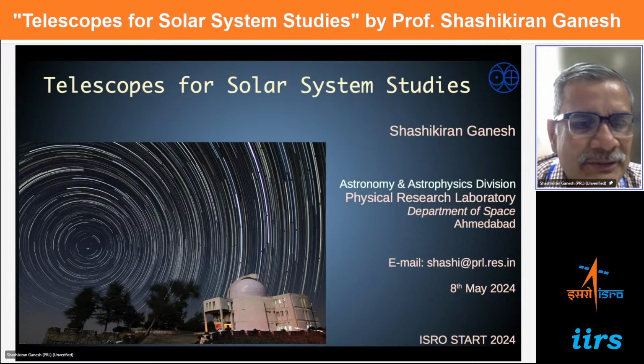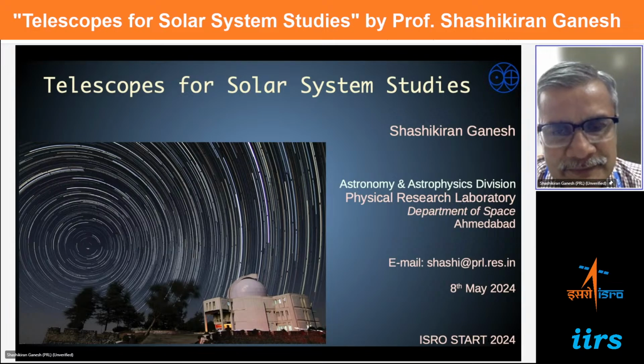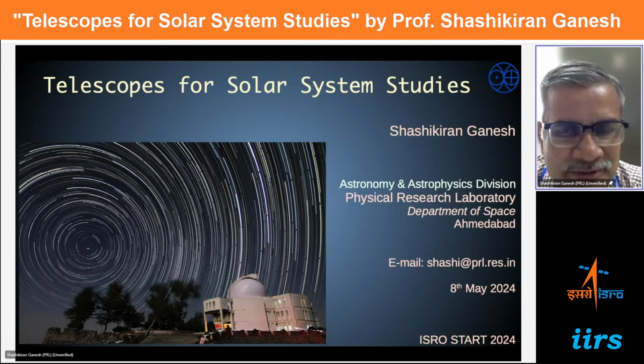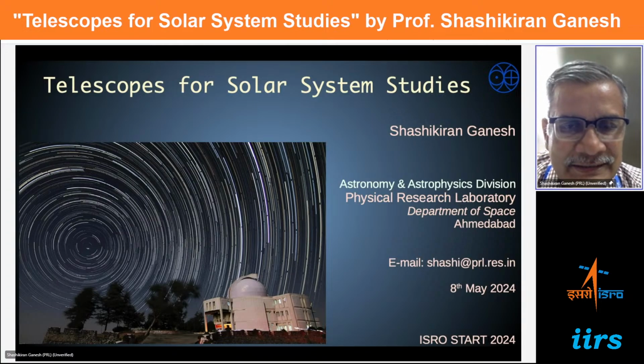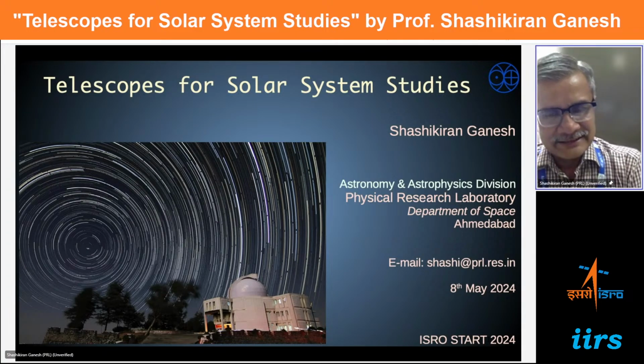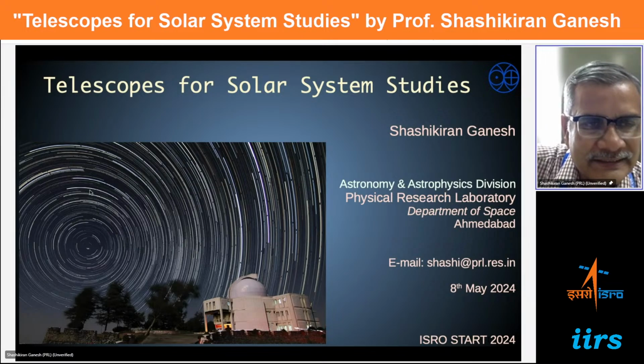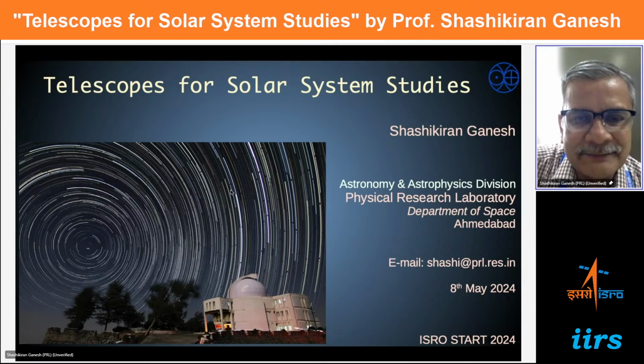Okay? So if you take a normal camera and put it on a stand outside in the night sky, and you take a long exposure image or a photograph with a long integration time of a few hours, this is the kind of pattern that you can see. You will see the trails of the stars in the night sky.